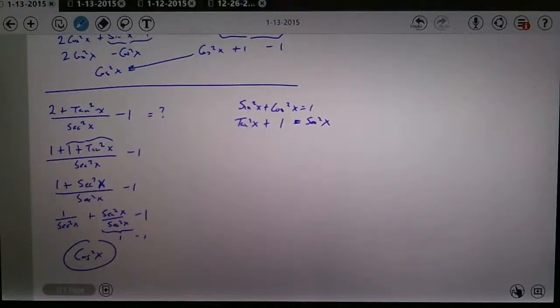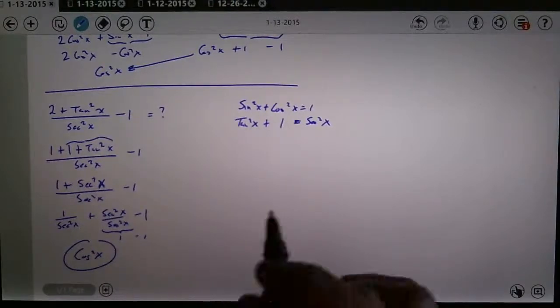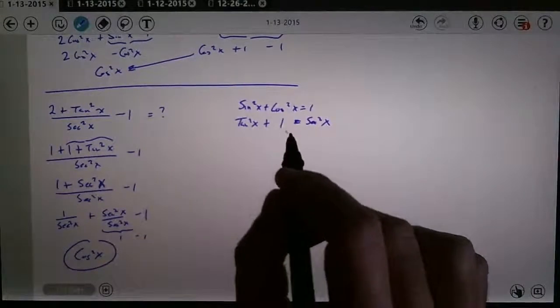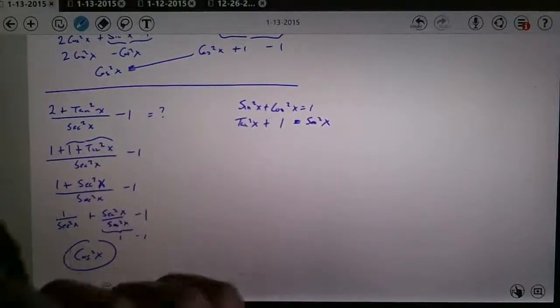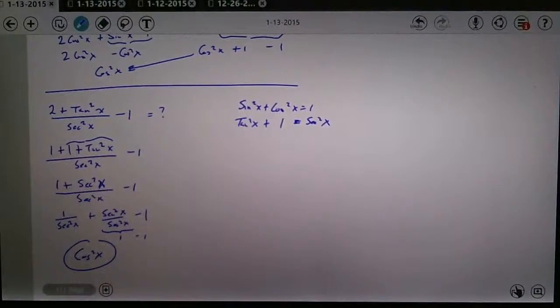But that's also what makes it great, that you have so many options. So the idea is to get used to more and more of these identities so that you have them available to you when you're trying to do some algebra with trig functions, and you know what you can do. What are your options? So anyway, there's a couple of different ways to do that problem.